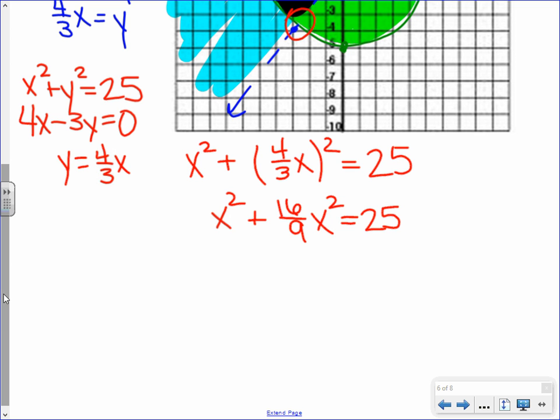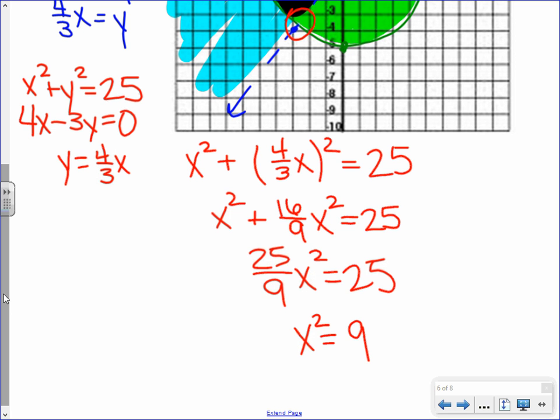What happens when we take x squared and add 16/9 x squared? We get 25/9 x squared. And when we divide by 25/9, we get 9, right?